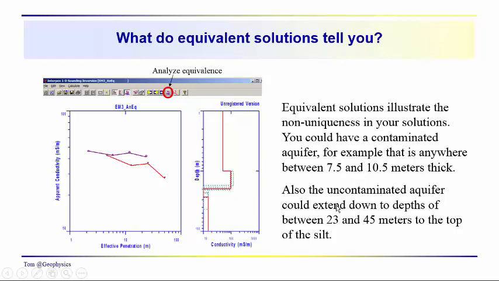We also see that the uncontaminated aquifer could extend down to depths of between about 23 to 45 meters. This would be the depth to the top of the sill.